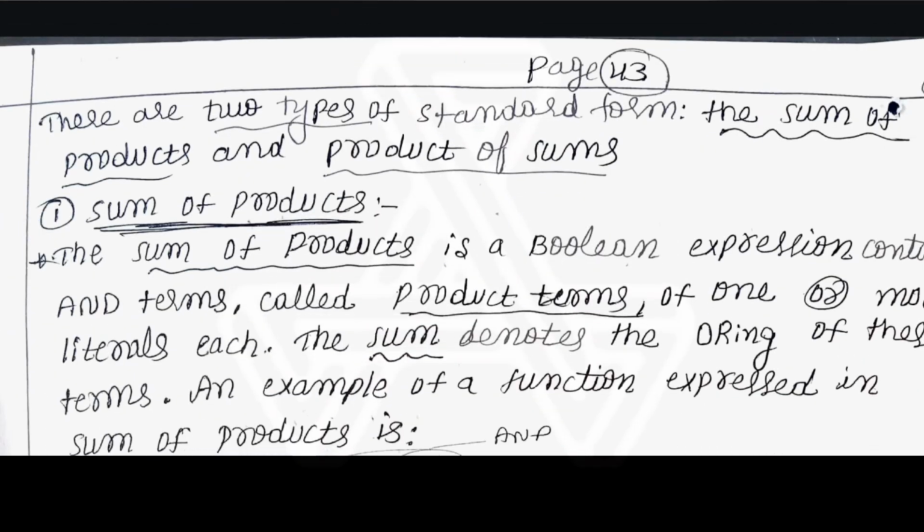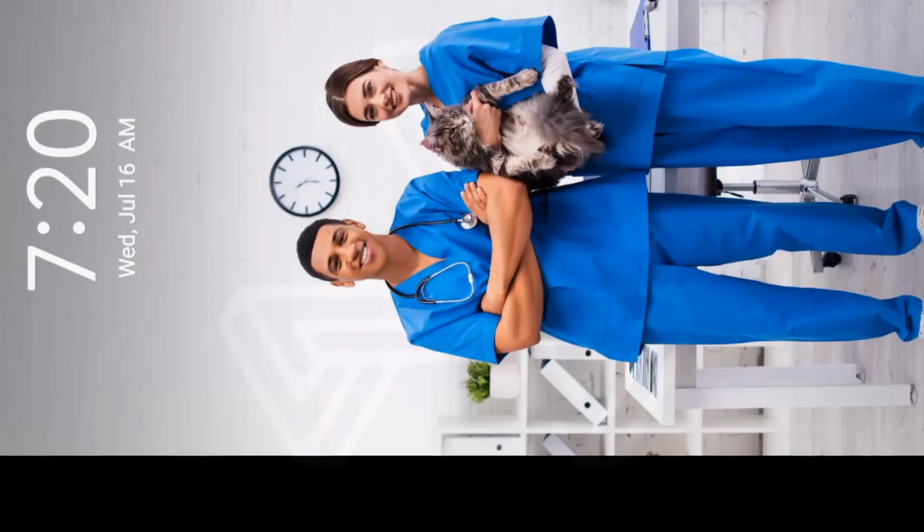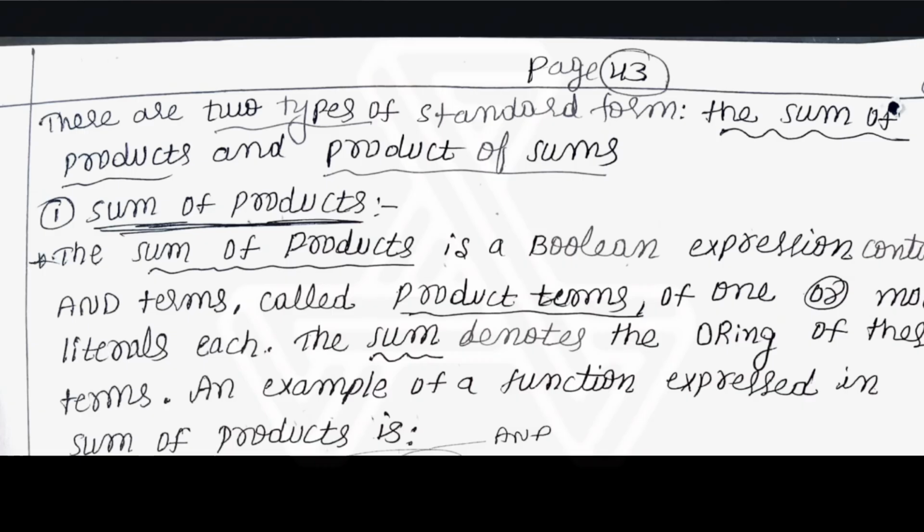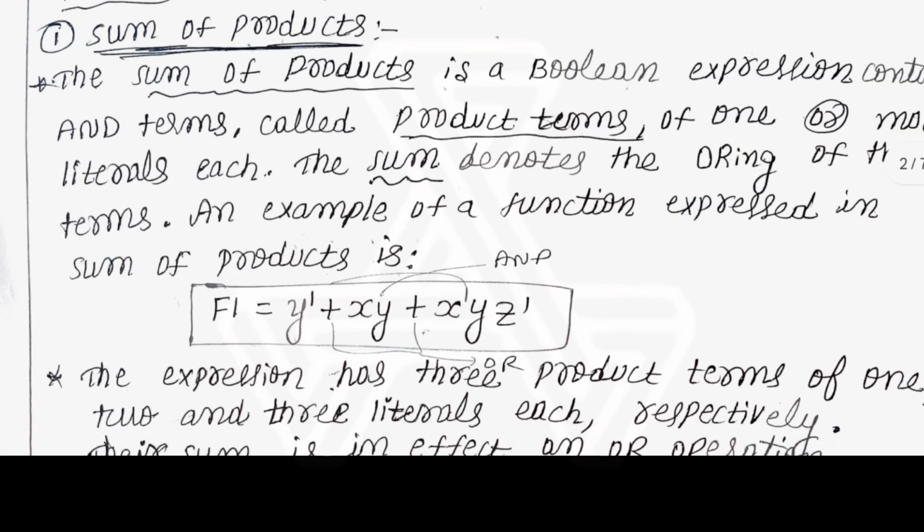The sum of products is a Boolean expression containing AND terms called product terms of 1 or more literals. The sum denotes the ORing of these terms. An example of a function expressed in sum of products is y dash plus xy plus x dash y z dash. The product terms have 1, 2, and 3 literals respectively.